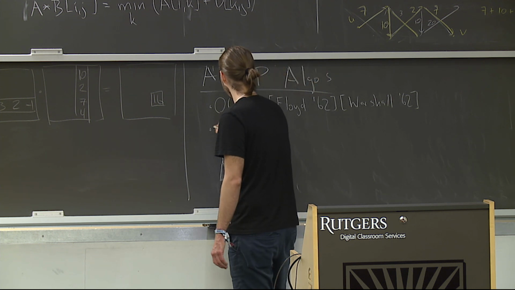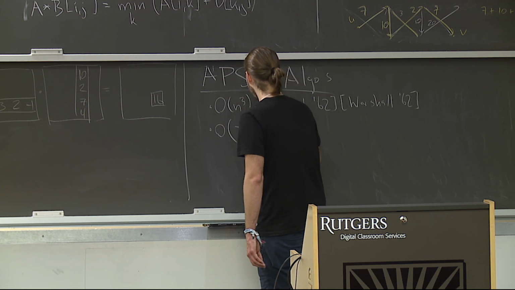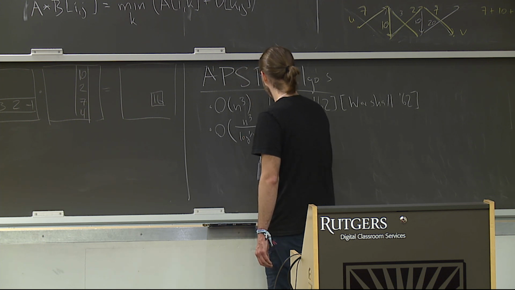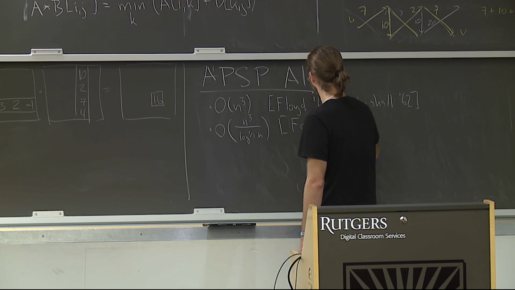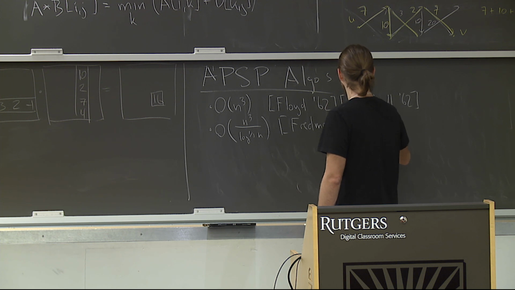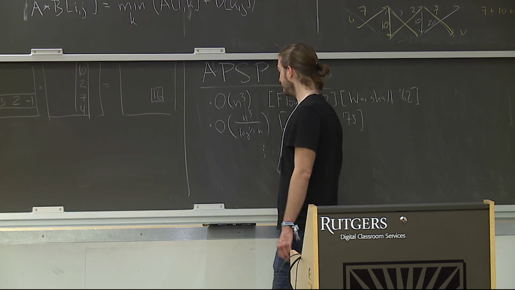Now, Amir said we don't care about logs, and we won't. But just to demonstrate how hard it is, the first was something like a log to the 1/3 shave by an important paper due to Fredman, 75. And then there really have been a lot of points in this list until the end.